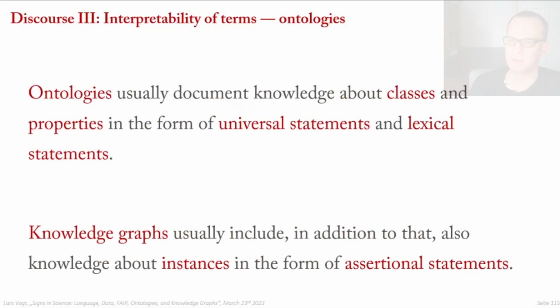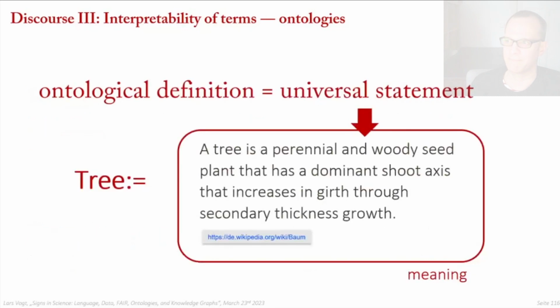That's the knowledge contained in ontologies, usually. Then knowledge graphs include all this, the knowledge that is in ontologies, but in addition to that, they also have knowledge about instances in the form of assertional statements.